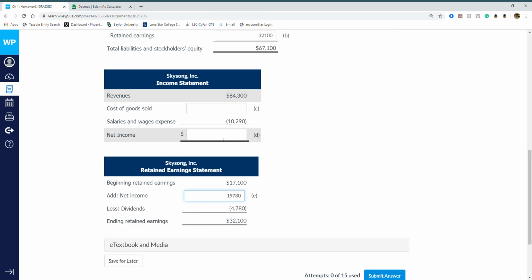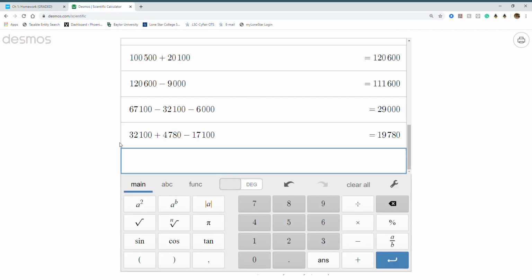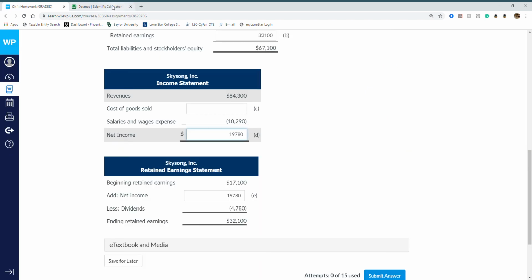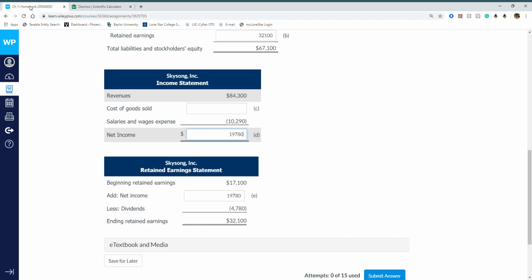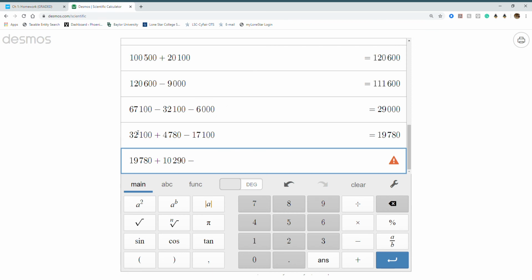Okay. So that means our net income up here was 19,780. And we do the same thing. We're going to add back our expense that we know, subtract out the revenue. So 19,780, add back 10,290, and then subtract out 84,300.